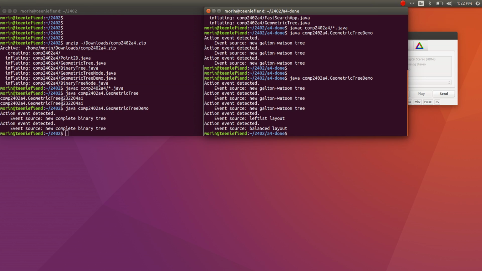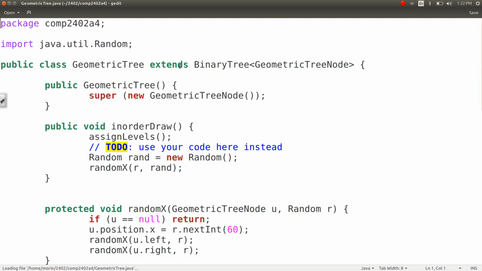Now, you don't have to worry about how any of the code works for displaying these things. All you have to do is write three functions.